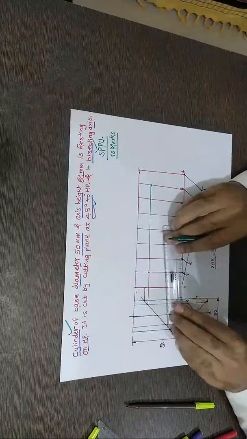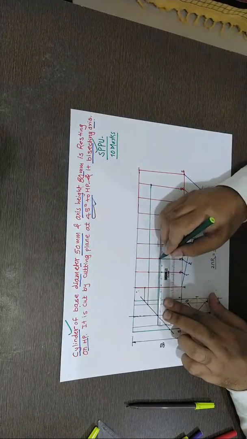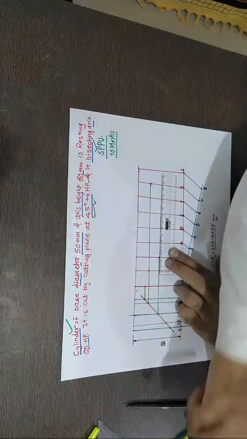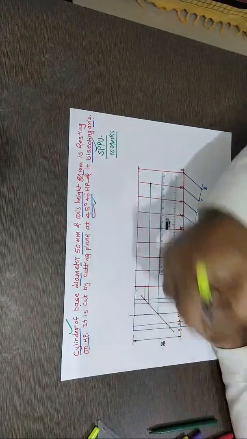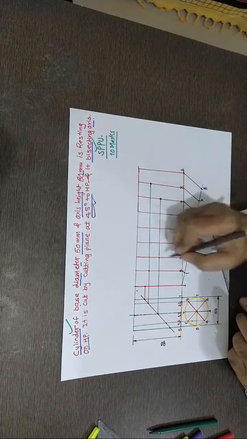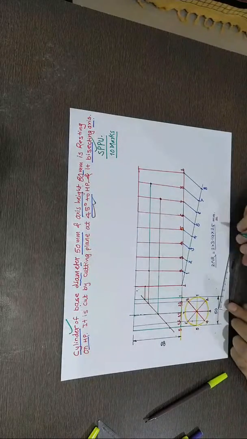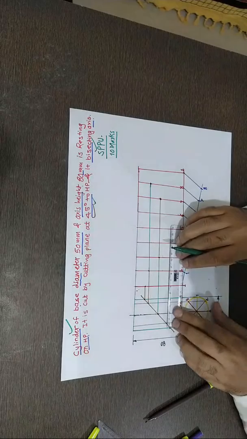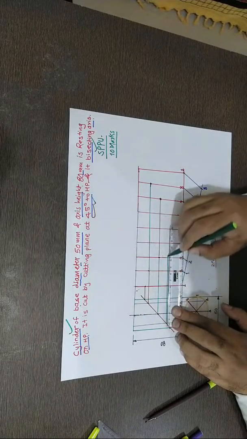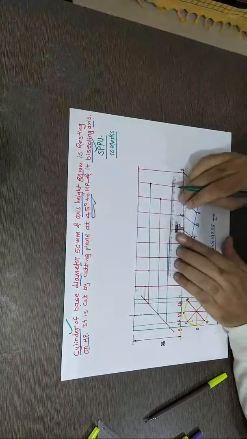3 7. So here is the 3, and 7 is again same. Here is 7. So this is 7. This is 3. Next 4 6. 4.